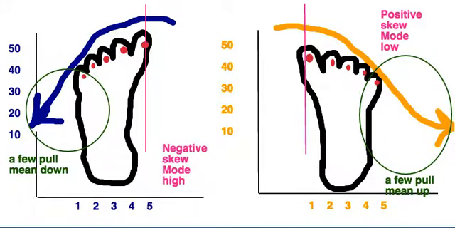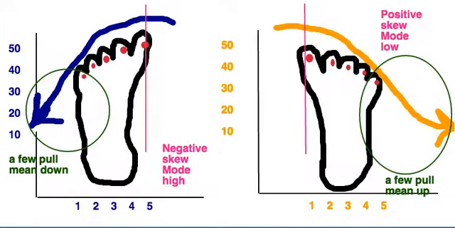In our positive skew, most people score low, but a few people get a high score, and they pull that average up. Again, the skew is referring to what's happening to the mean, or the average. In a positive skew, most people score low, but a few people pull the average up. In a negative skew, most people score high, but a few people pull the average down.